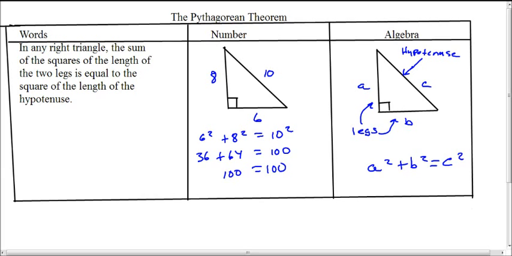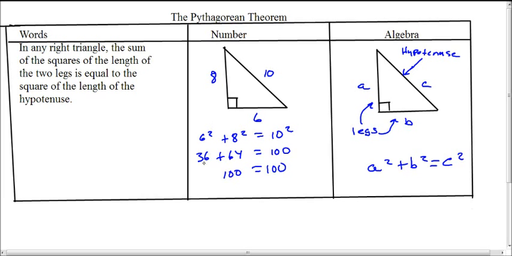We say that in order to get the hypotenuse, we must take the square, A plus B to get C, and then go ahead and take the square root. As we look at our little setup, we have one leg is 6, one leg is 8.